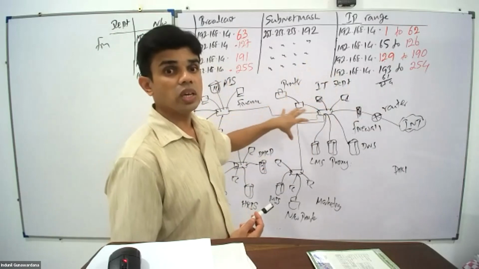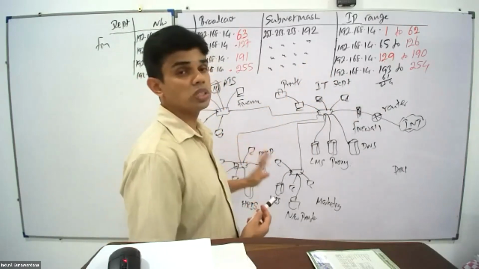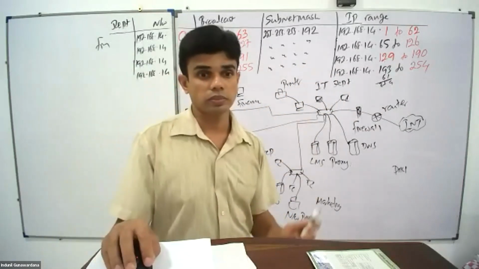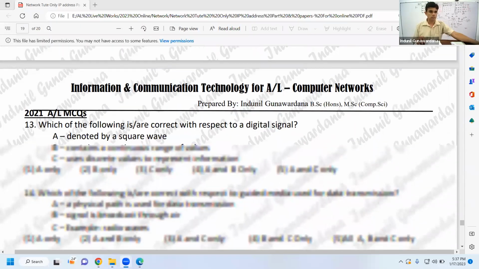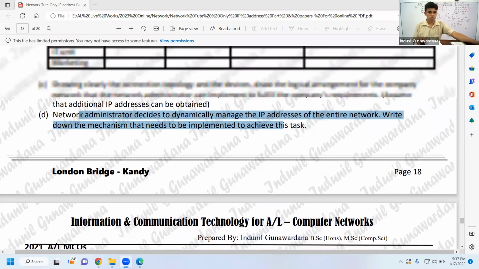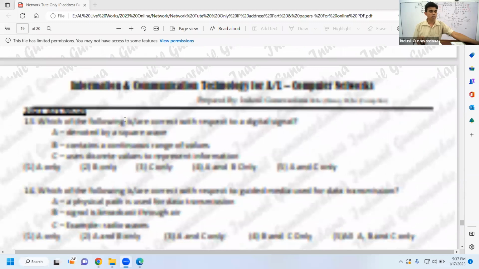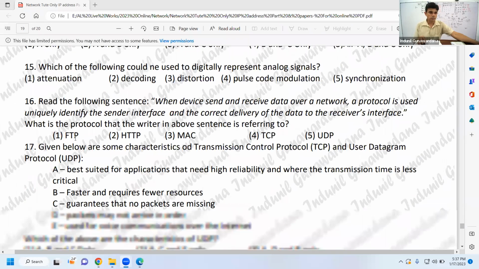Then it's worth if you assign a DHCP into another subnetwork, since those subnetworks are having less jobs than the IT department work. Correct. So that's about 2020 writing question.